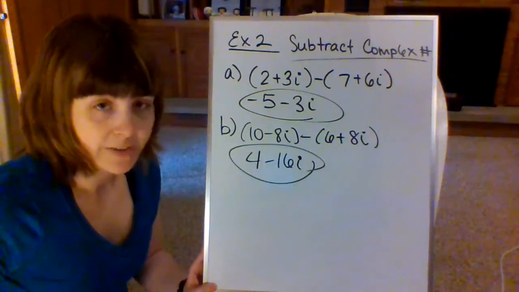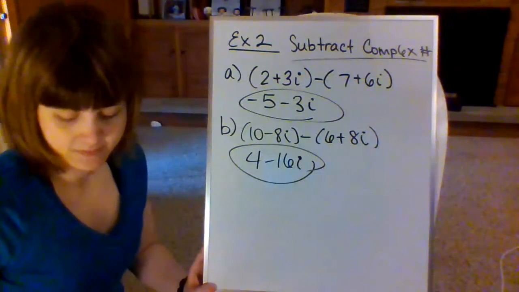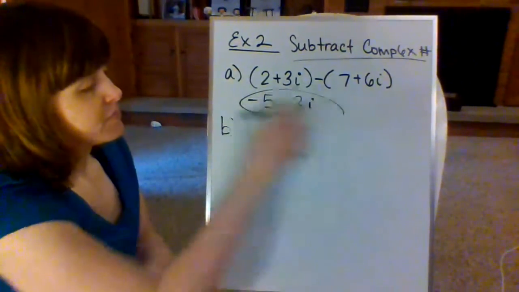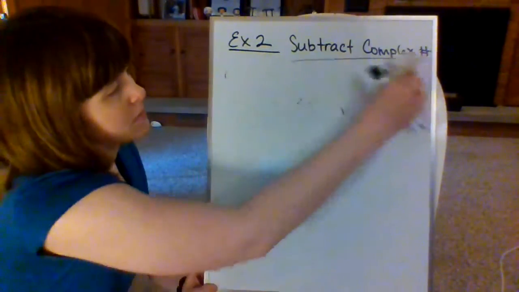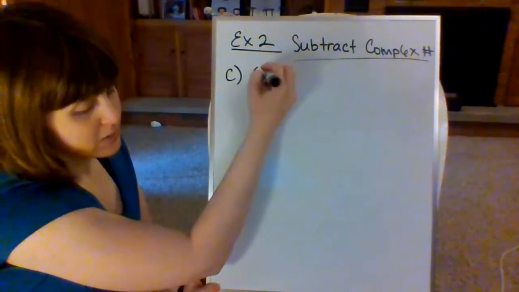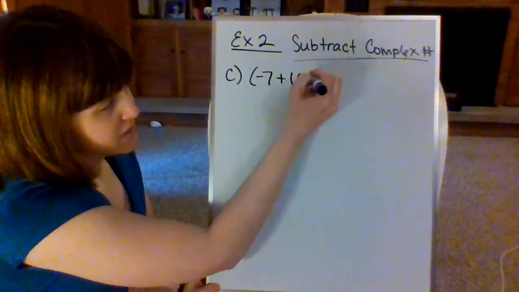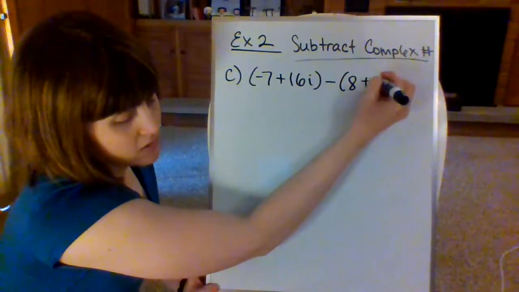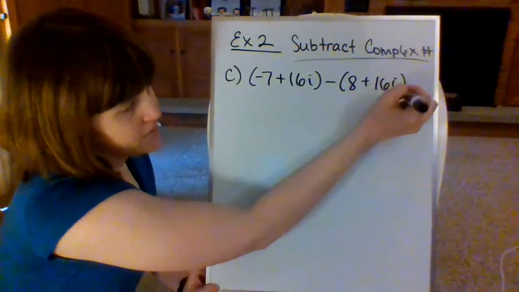Are you ready for the last two? We have negative 7 plus 16i minus 8 plus 16i.